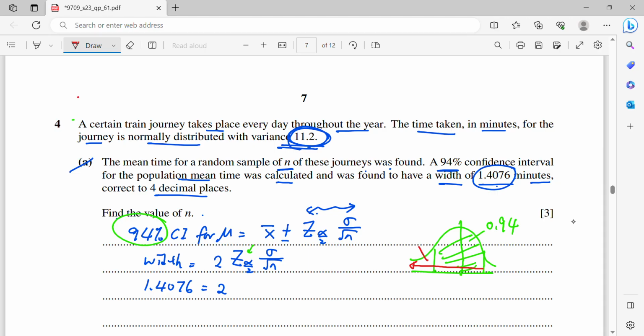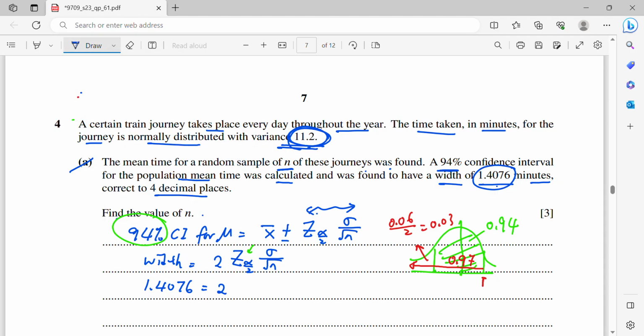Now, the middle is 0.94, so the left and right sides share the remaining value, divided by 2. So 0.06 divided by 2 gives 0.03. So 0.03 on the left hand side together with the 0.94 in the middle. So now I have to look for 0.97. What is the critical value when the probability is 0.97?